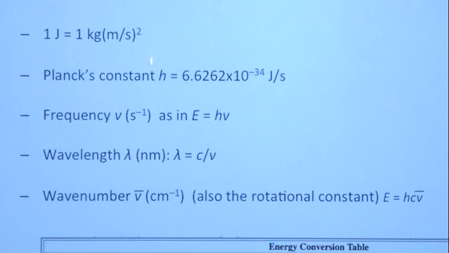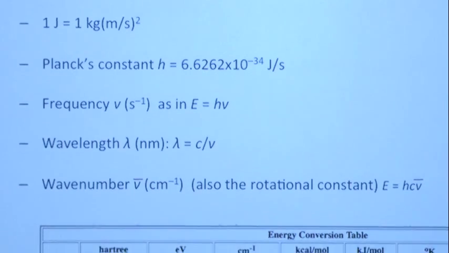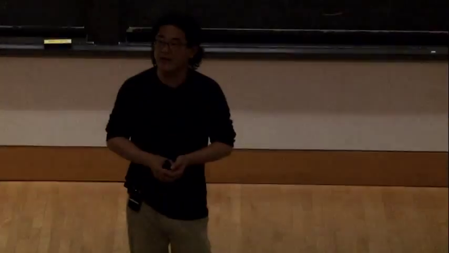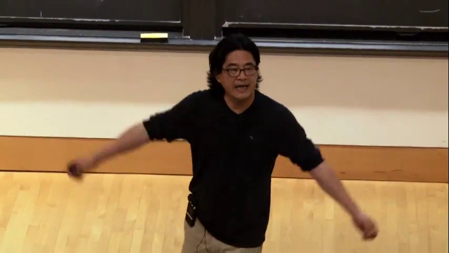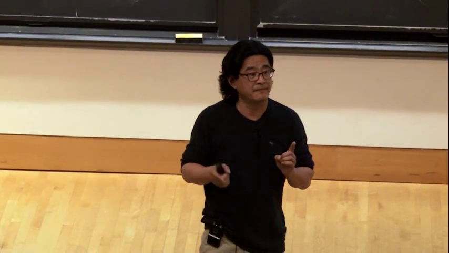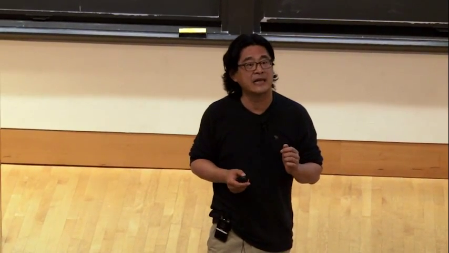And this is how they are converted from one to another. The reason why I often like to use wave number is because of convenience. Okay? Take, for example, a harmonic oscillator. A carbon-hydrogen bond in any hydrocarbon molecule shall oscillate at a frequency of 3,000 wave number, 3,000 centimeter minus 1.